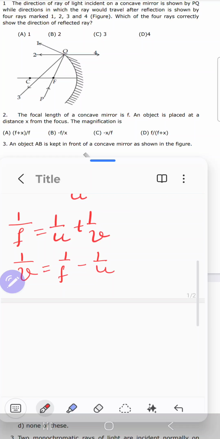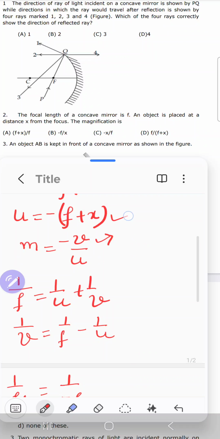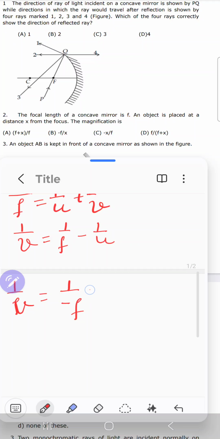So substituting the values, 1 over v is equal to 1 over minus f, and u here we have calculated as minus times f plus x. So minus minus would become plus, it would become 1 over f plus x.